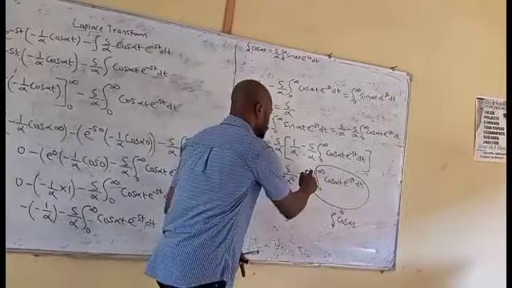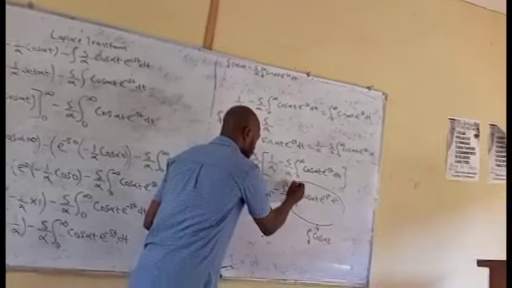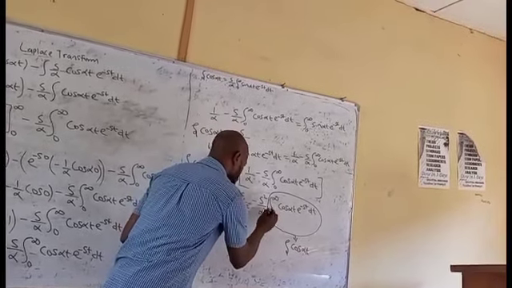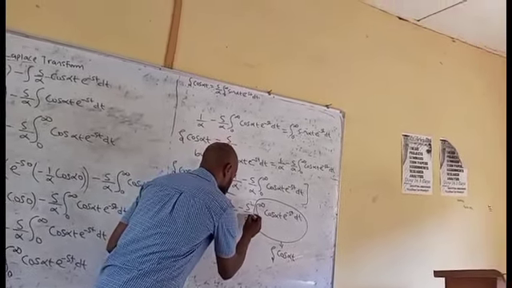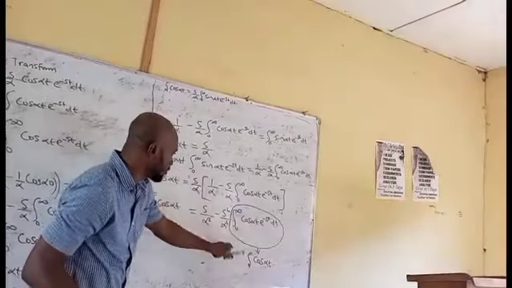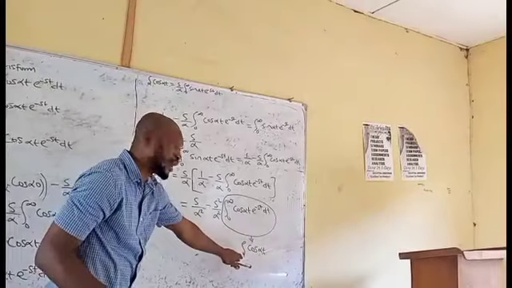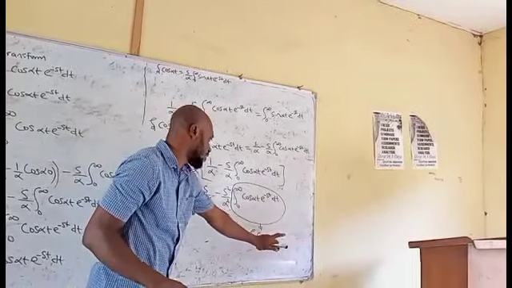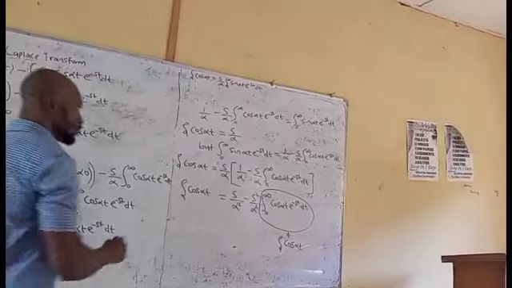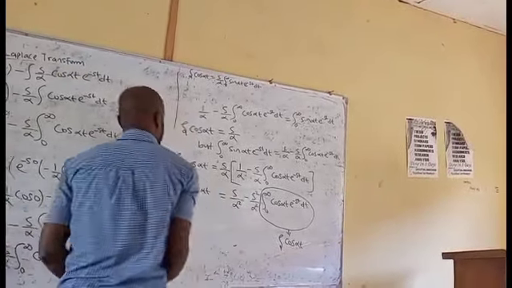This one is alone. This one on the bracket, on the circle, will give you Laplace transformation of cos alpha t. So you're going to have it this way.